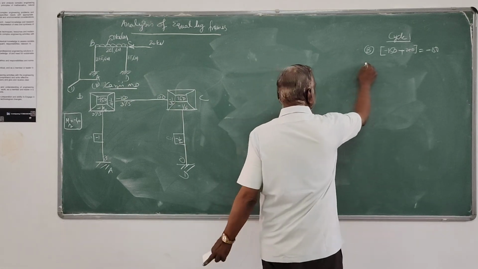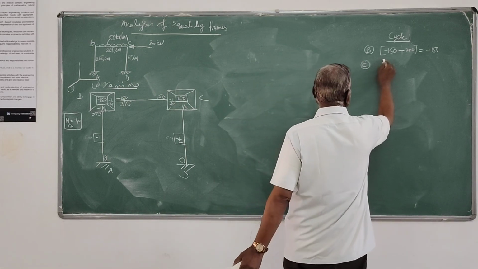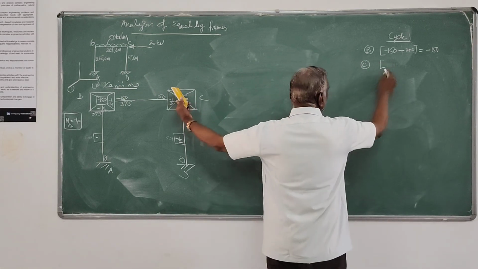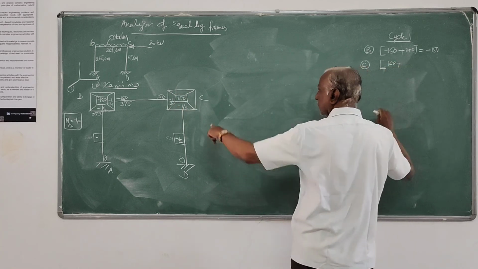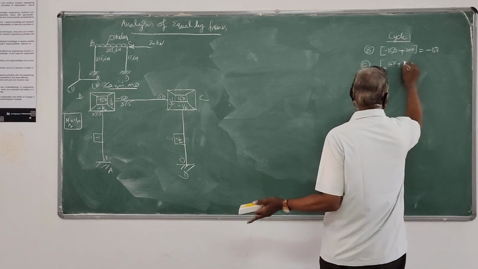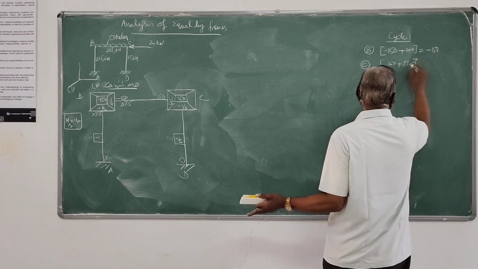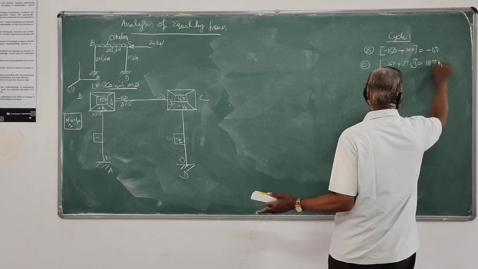Next I will go to the joint C. So here the sum of the fixed end moment, MKK bar, that is 150, plus contribution MKJ bar sigma 37.5, which is 187.5.